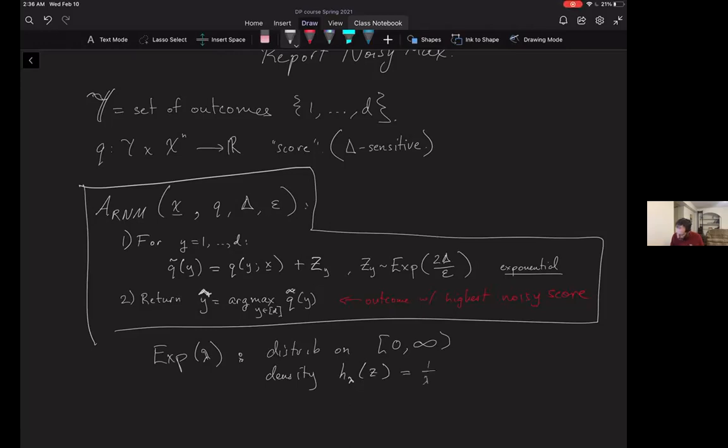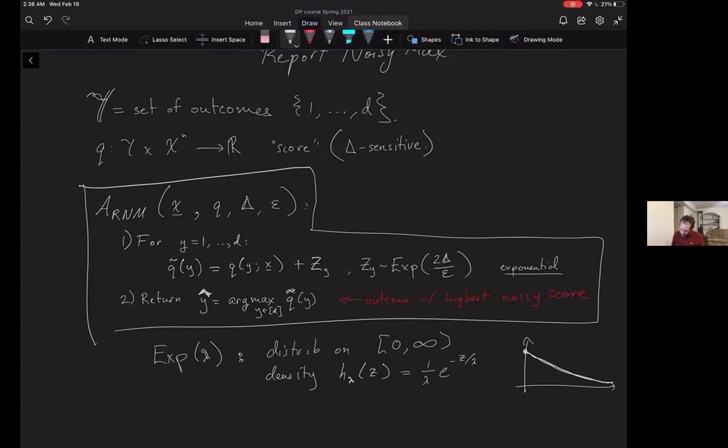You could describe it as a one-sided Laplace distribution. In fact, usually it's the other way around: the Laplace is thought of as a two-sided exponential distribution. It's got a very simple form, it's easy to work with, and it's well understood how to sample from it.